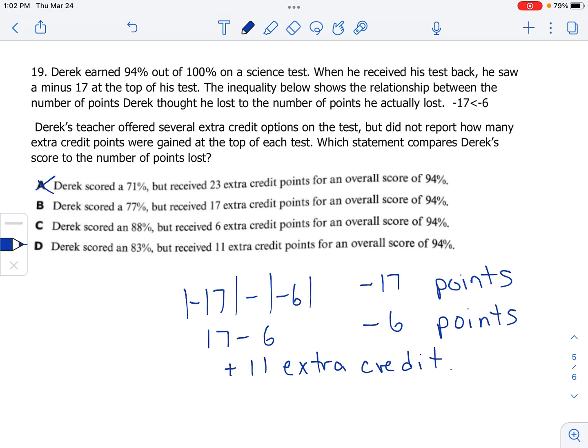No, I disagree. There's no mention of any 77. If he lost 17 points, again, he scored 83, not 77. Derek scored 88, but received 6 extra credit points for an overall average of 94. That's not true either. It's this one here. He scored 83, because 100 minus 17 is 83, but we added 11 points back for an overall score of 94.